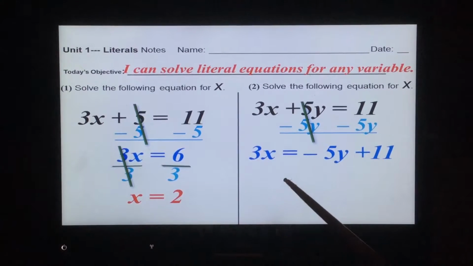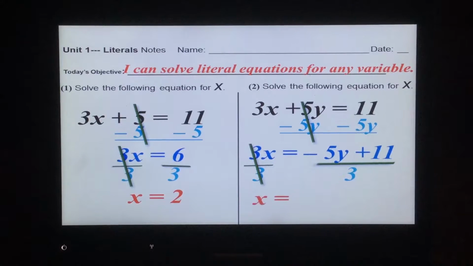Now x is not by itself yet, and again, we do have to solve for x. We have to divide both sides by 3, and then you wind up getting, on the left side, x by itself. And that means we're done as soon as we write down the other side. Over on the other side is negative 5y plus 11 over 3. You cannot simplify this.